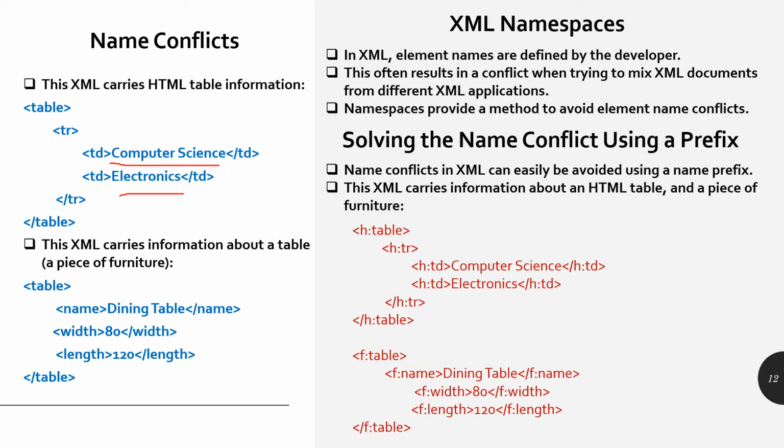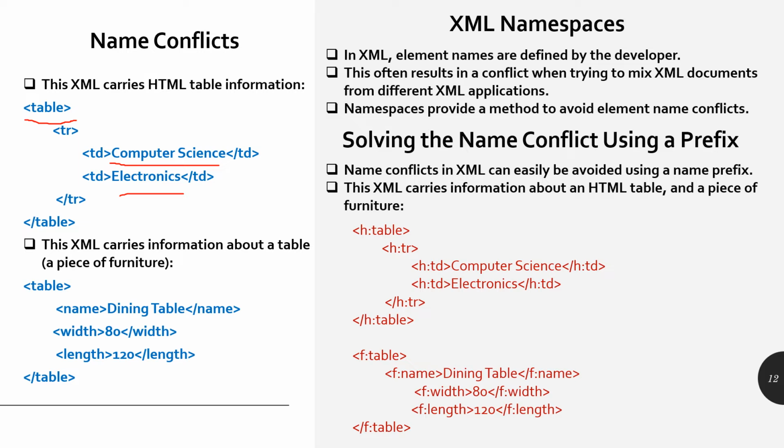The similar thing we discussed in HTML, that table we are specifying here. Okay, this is actually one particular developer who named the tag as table for listing the subjects.